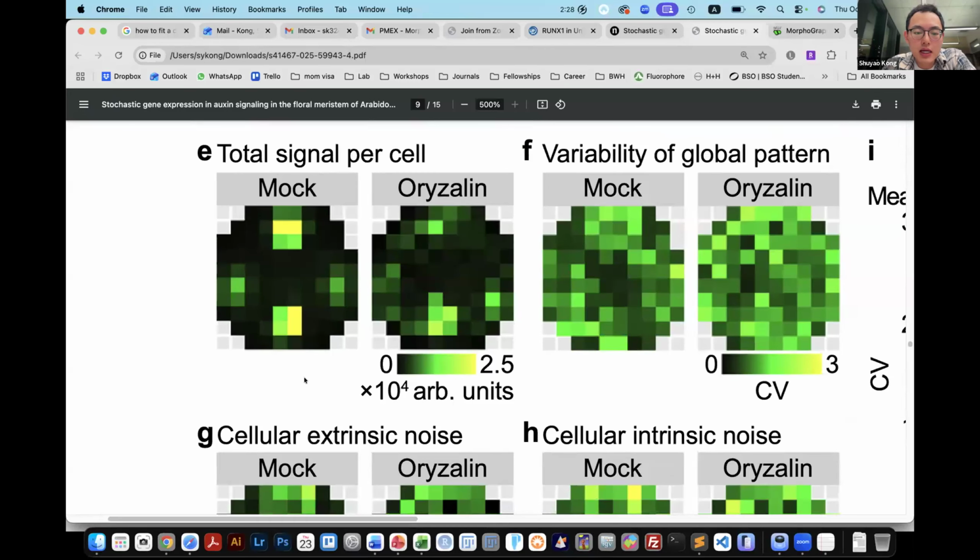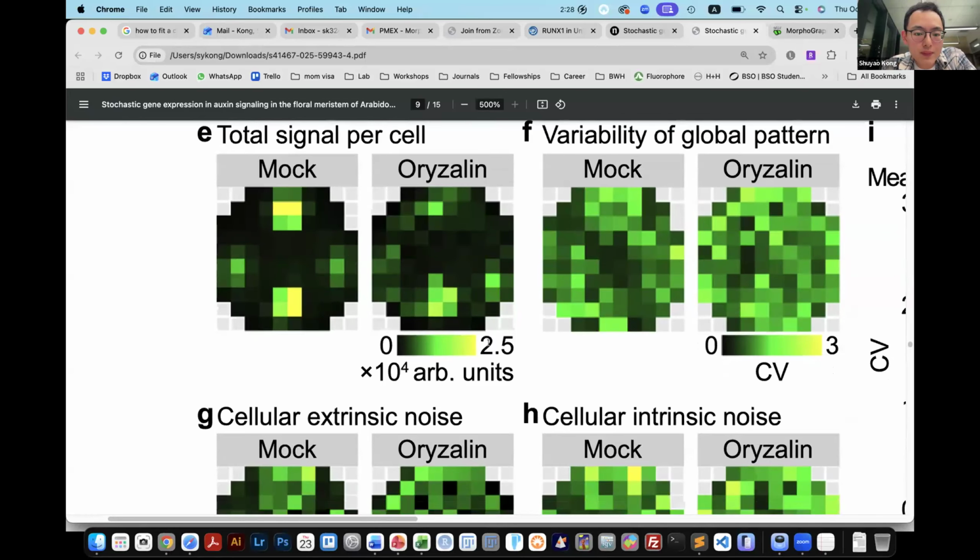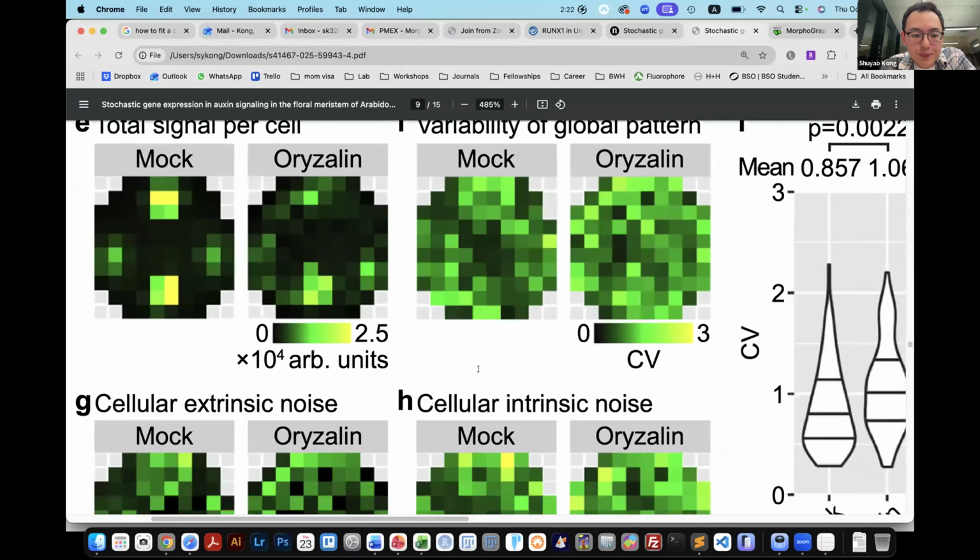This binning allows you to compare between different replicates, and you can also calculate, for example, at this particular position, what is the mean signal, what is the average signal between replicates, and what is the standard deviation of signal between replicates. Because you register the signal in this coordinate system, you can also compare between different conditions and see, for example, here, this mock treated condition is very different from the original treated condition. And that's one major finding that we had.